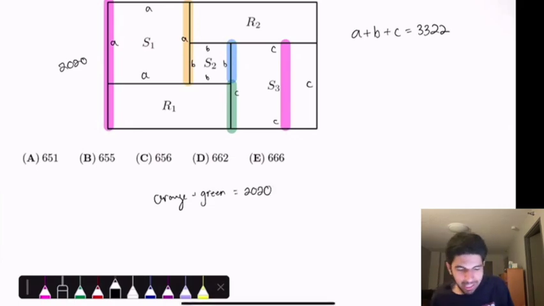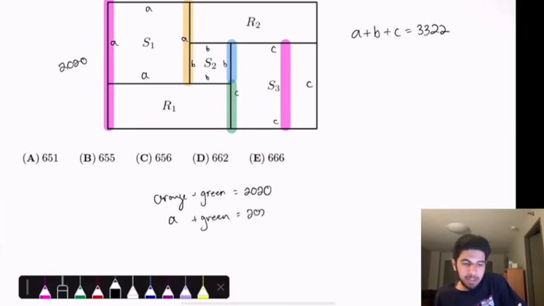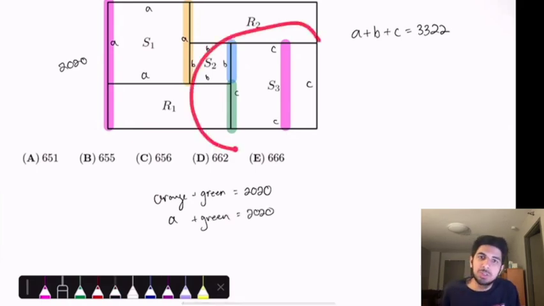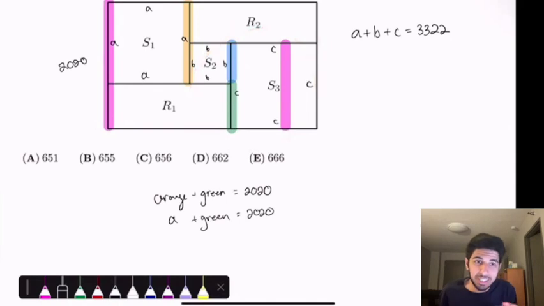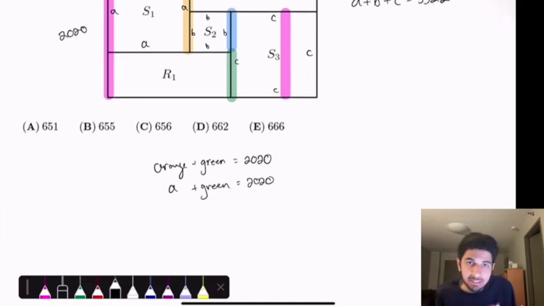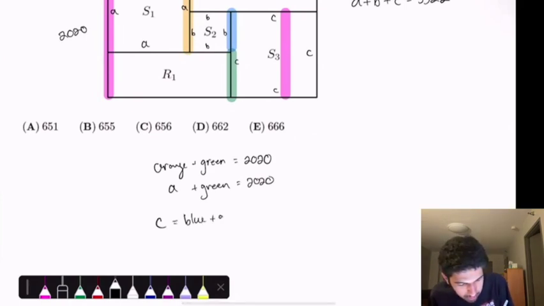So orange is equal to A. And we're going to add to that green, and we're going to get 2020. But with what we just drew on the right here, we can express this green in terms of this blue and this other pink line. So this other pink line is now called C, because that's the side length of S3, and that's going to be equal to blue plus green, or alternatively, B plus green.